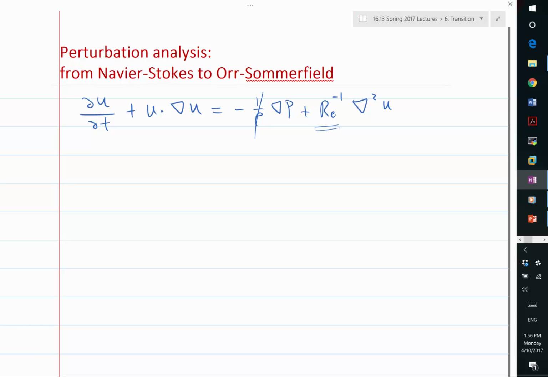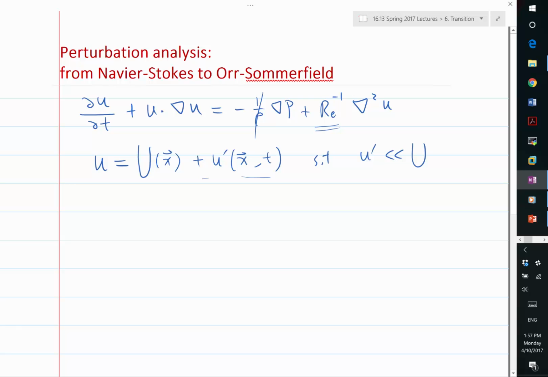So we are looking at a small disturbance on top of a steady state laminar boundary layer. And the assumption is that we can decompose this u into a big U, which is a function of space but not time, plus a u prime that is a function of space and time, such that u prime is much, much less than the big U. So this is the fundamental assumption in the small disturbance analysis.